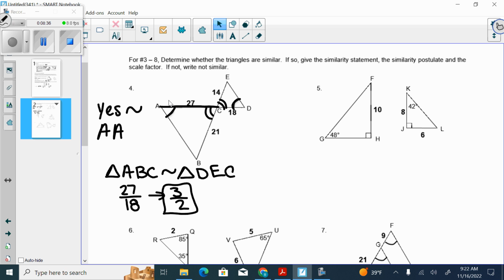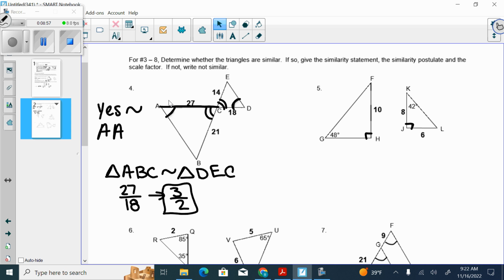Good. All right, on the next figure, how many angles did they tell us are congruent? How many pairs? One. They told us we have 90-degree angles. Now, we don't know what the missing angles are, but we could find them, right?